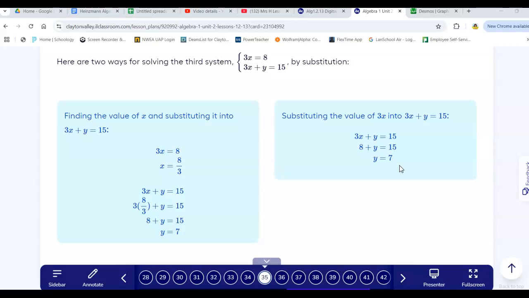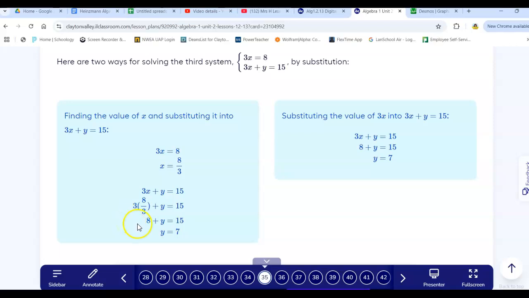All right? So once again, before we move on, I want to say that this is how you solve a system by substitution. You isolate one of your variables, and then you substitute whatever you get into the other equation, which allows you to now only have one variable to solve for.